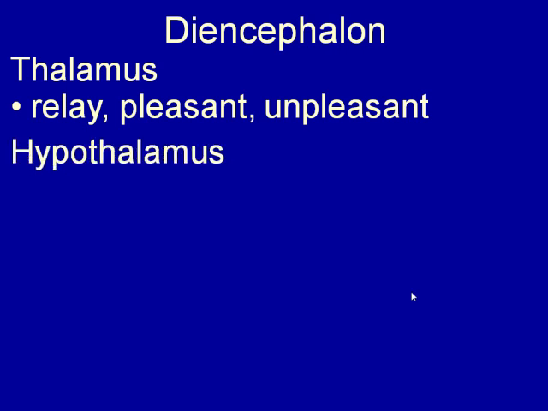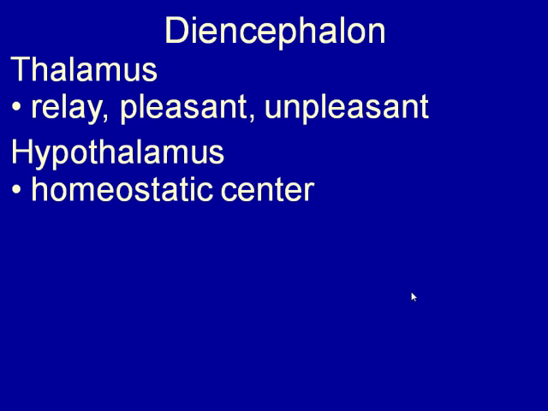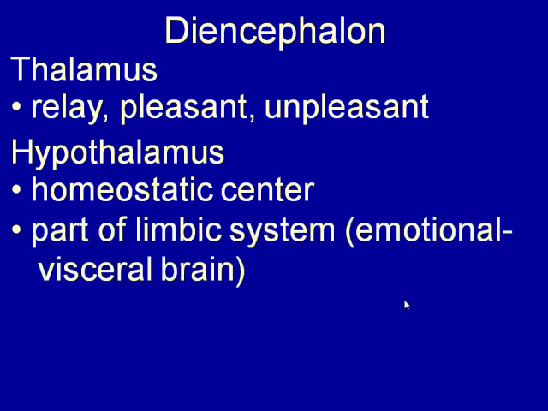The hypothalamus makes up the floor of the diencephalon. Now, it's not a very big part of the brain, about as big as the tip of your little finger, but it is the major homeostatic center in your body. It has controls for temperature, thirst, osmotic pressure. All kinds of things are controlled as a result of homeostatic centers located here.